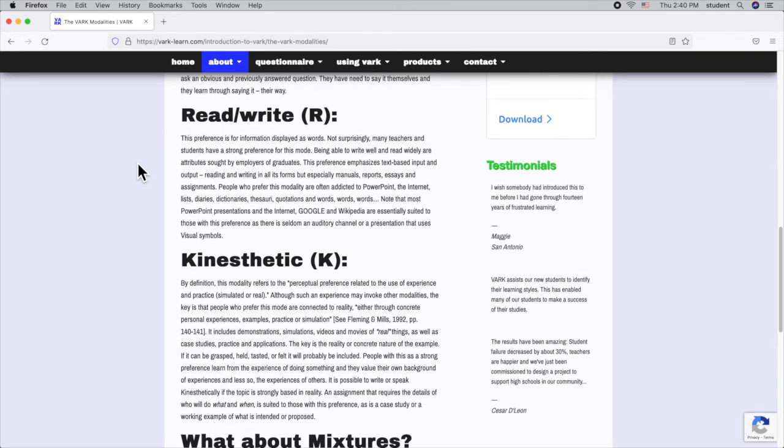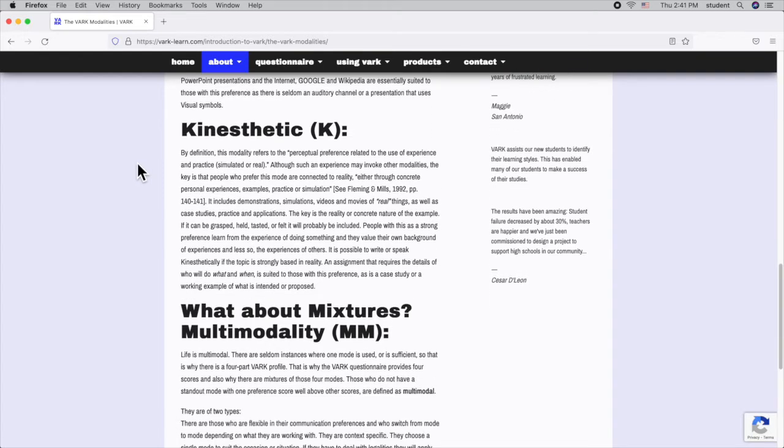Read-write. So the R in VARK. Teachers and instructors have people read and write as exercises for reports, essays, writing assignments. But we also learn through diaries, dictionaries, quotations, and using the internet. So in our online, and then the kinesthetic, K in VARK.